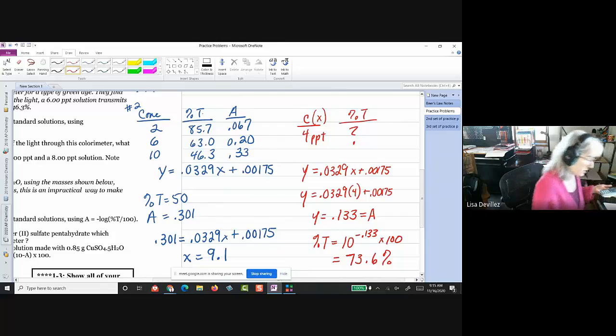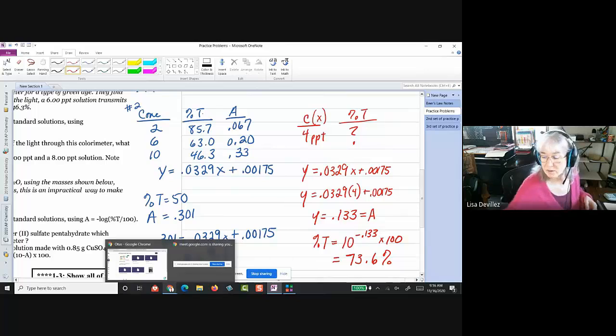That would be the percent transmission. All right, so far so good? I got that too. Okay, good deal.